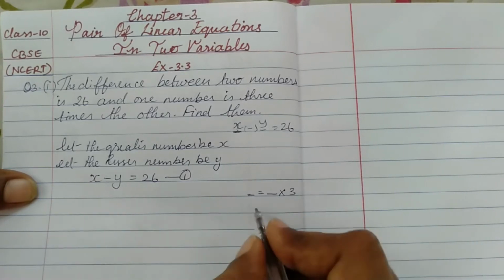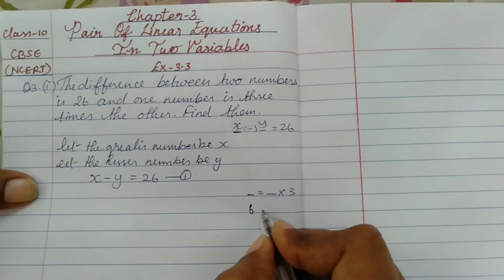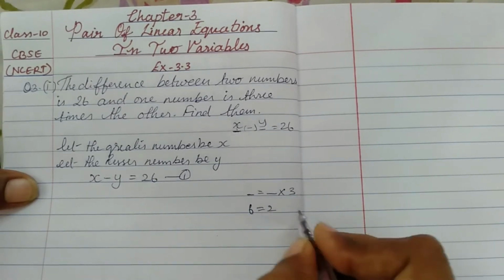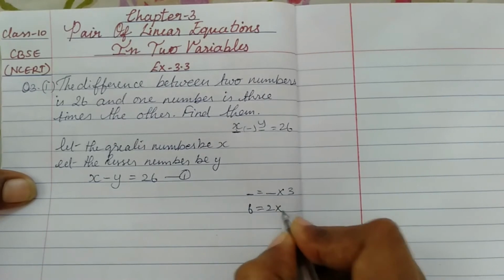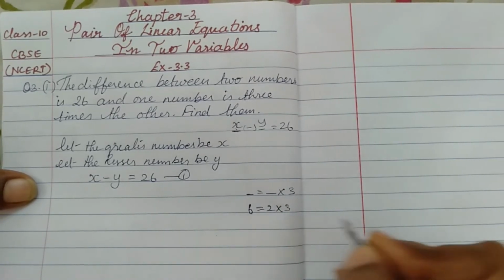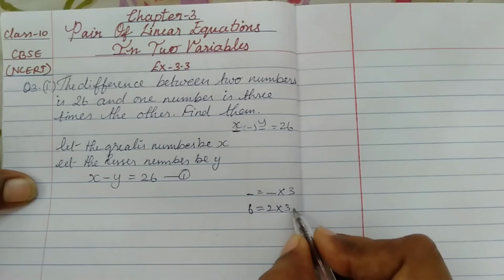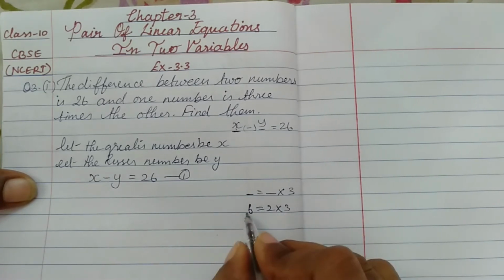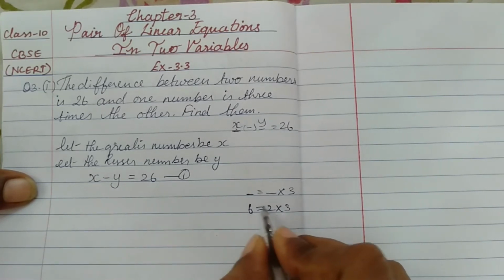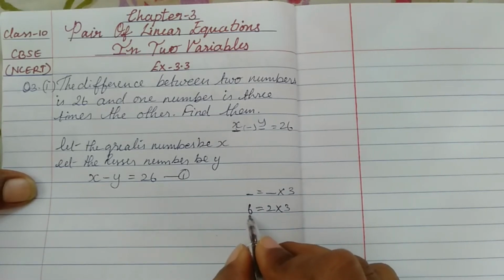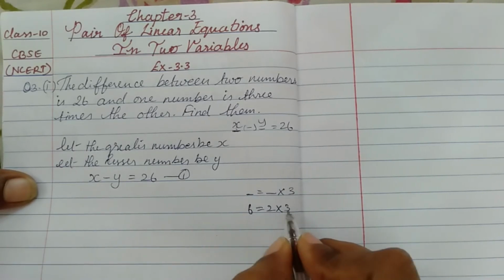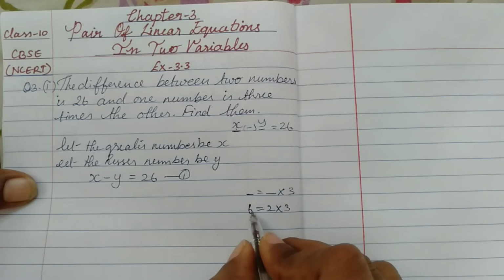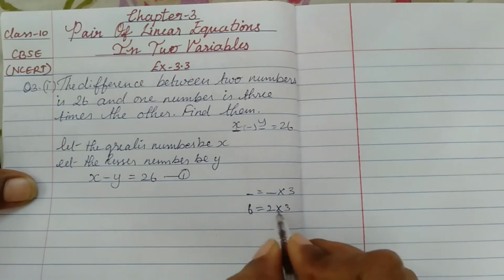For example, if you have 6 here and you have 2, this is a lesser number and this is your greater number. 2 into 3 will be what? 6. So this becomes greater. So that will be equal to this number. So in that way you have to think about the logic that your number on the left hand side should be equal to the number on the right hand side. 2 into 3 will be 6 and here also it is 6. Okay, so this is equal to one another.